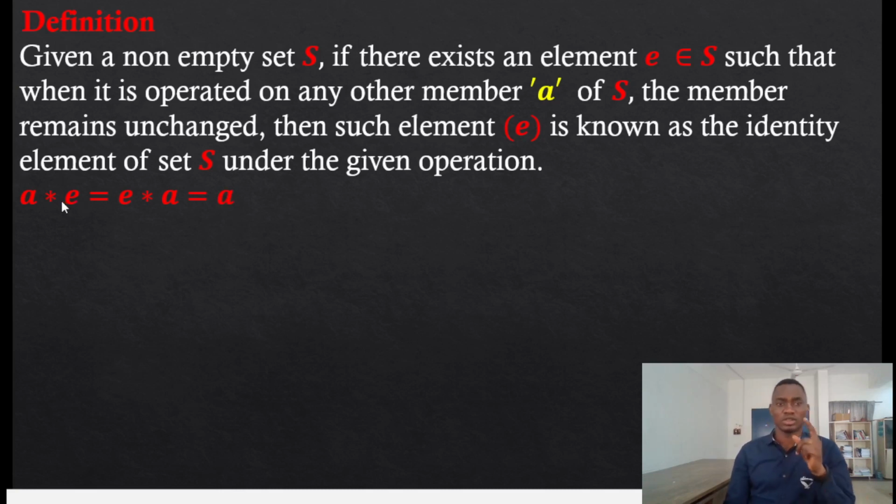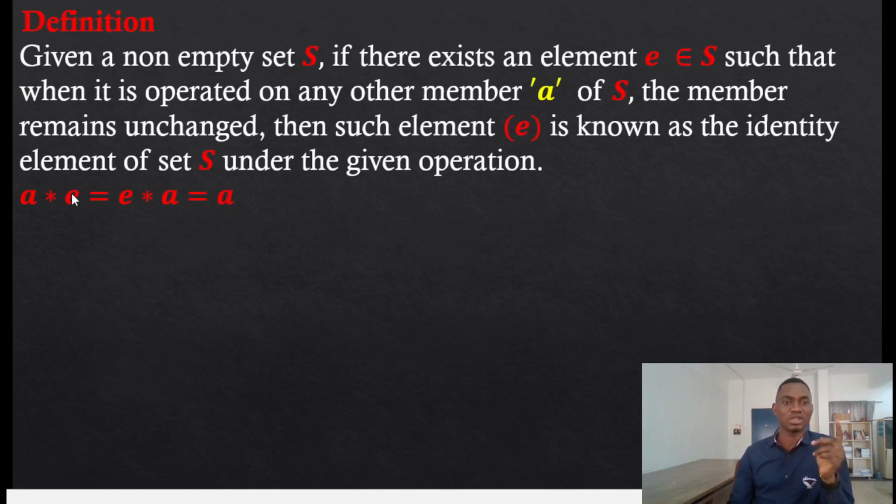It means this second element E does not have any effect or impact on the element A. That is why what is returned is A. So we may be given a set that has such an element.